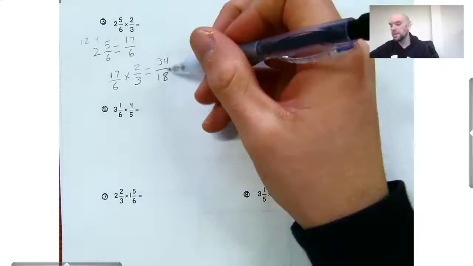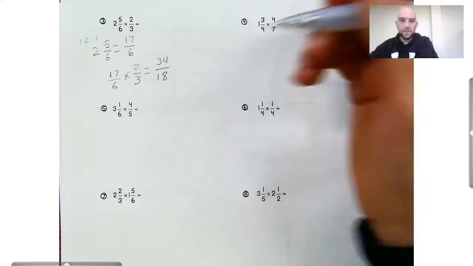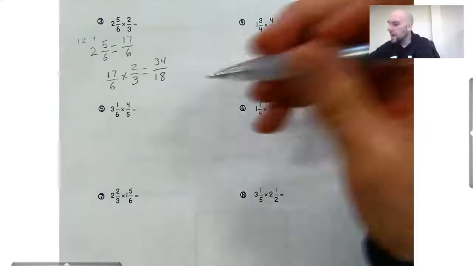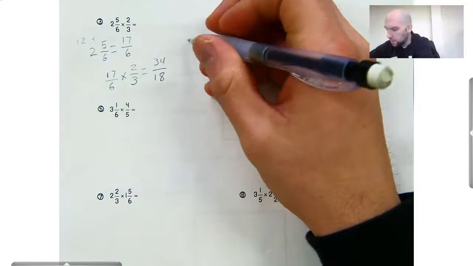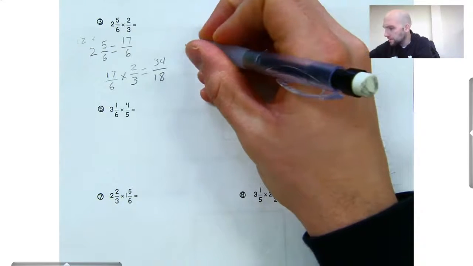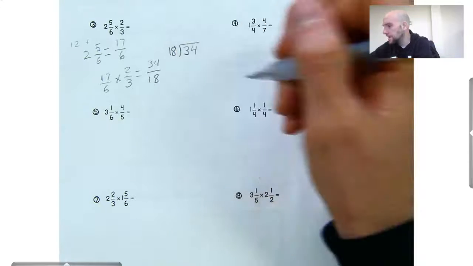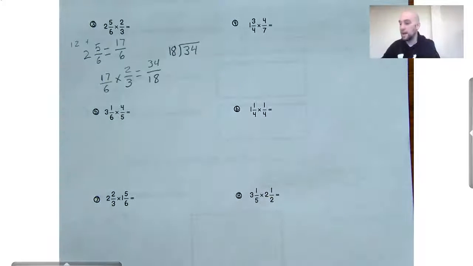So I'm thinking about my division problem without writing it out in long division. But if that becomes too hard to do in your head, again, we can just go right back to our long division. So we'll do 34 divided by 18. When in doubt, I always try to write it out.